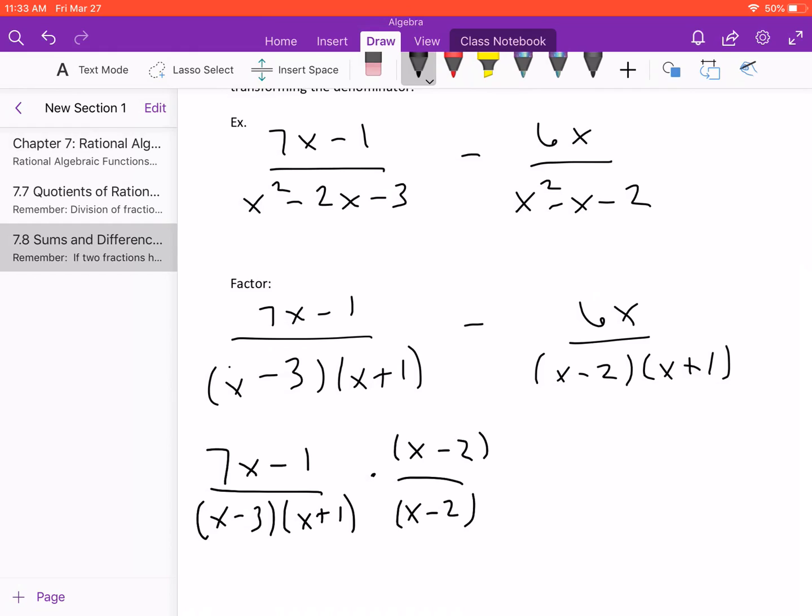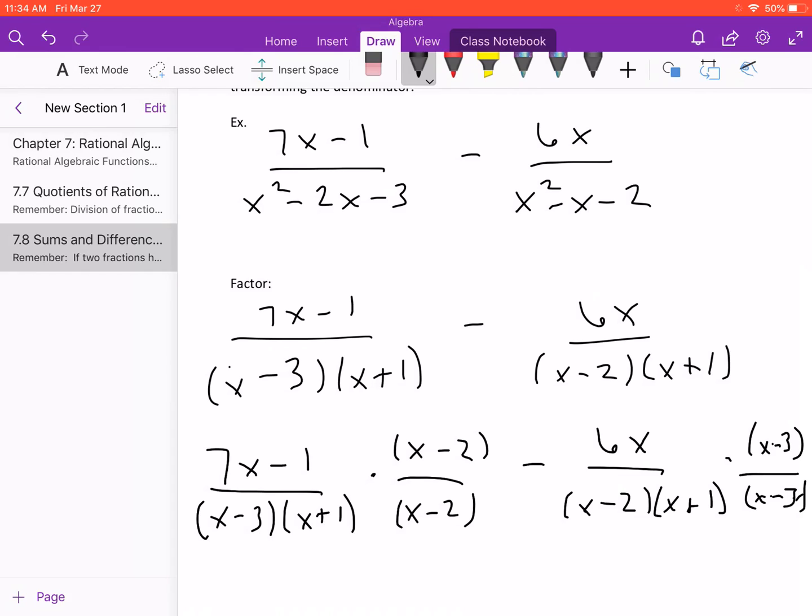And I notice on the other expression, there is an x minus 2. So, on the other side, I'm going to take 6x all over that denominator I already factored, but I'm going to multiply this one times (x minus 3) over (x minus 3).